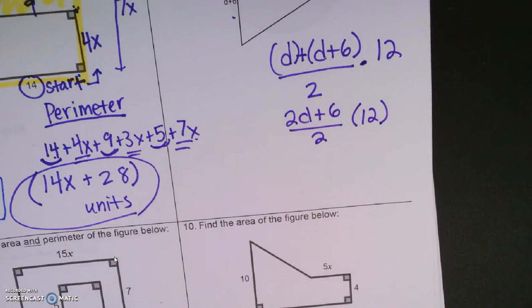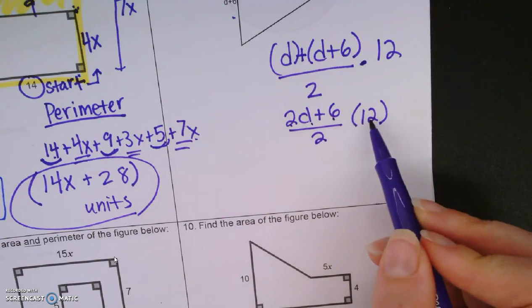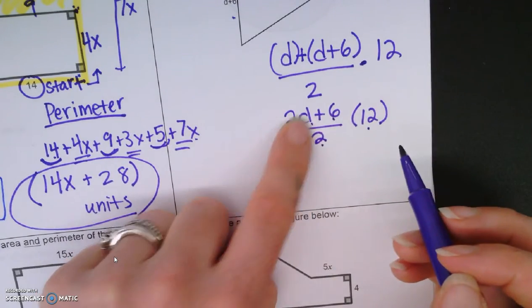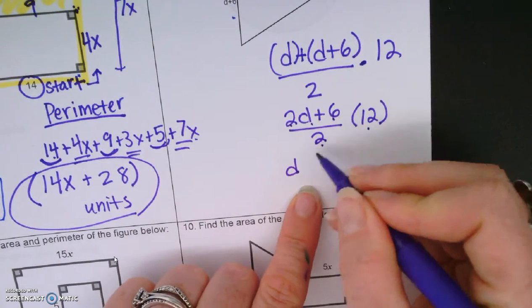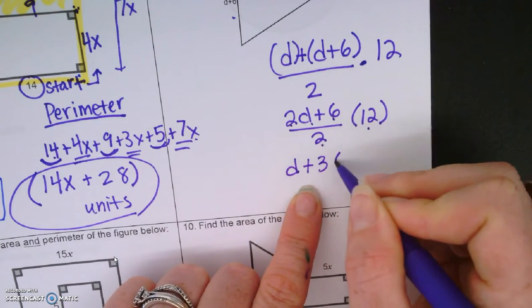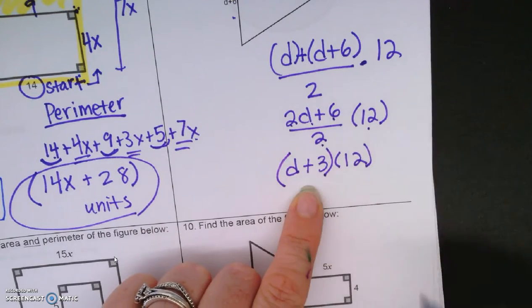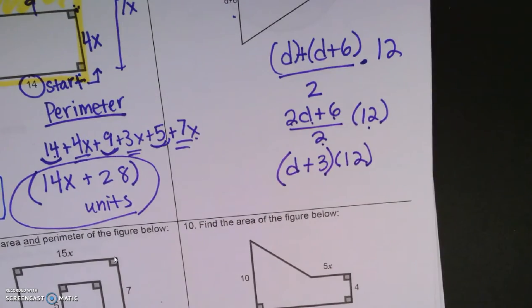Well, taking a look here, we have 2d plus 6 divided by 2 times 12. So we're taking half of 2d and half of 6. Well, half of 2d is 1d, and half of 6 is 3. I need to multiply by 12. Remember, you need to multiply all of that expression by 12, not just the 3. So I'm going to put parentheses around the whole thing.